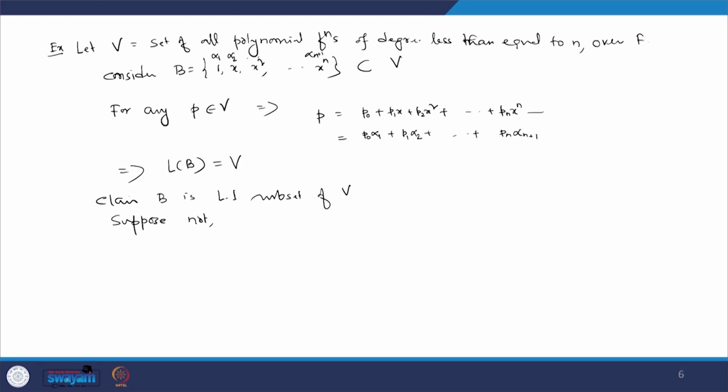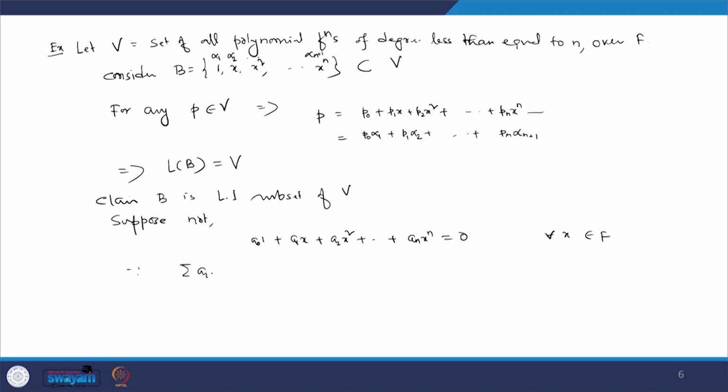So, let me consider the linear combination A naught times 1 plus A 1 x plus A 2 x square plus A n x to the power n equal to 0, such that this is true for all x belonging to F. But friends, as you know, this is a polynomial of degree n, so it will have only n roots, meaning it will be 0 only at n places over F. So, it cannot be equal to 0 for all x.